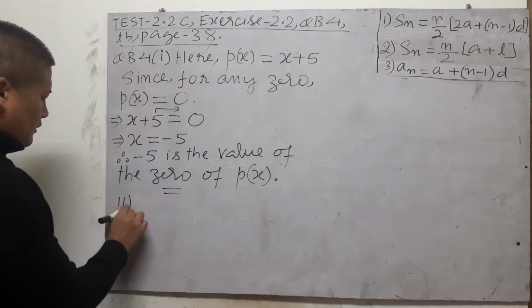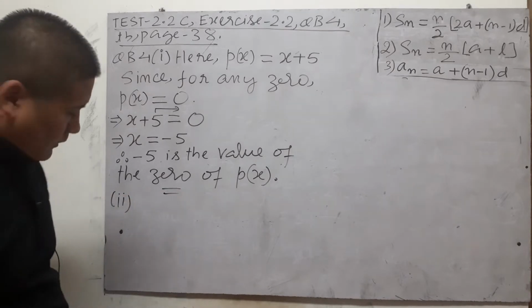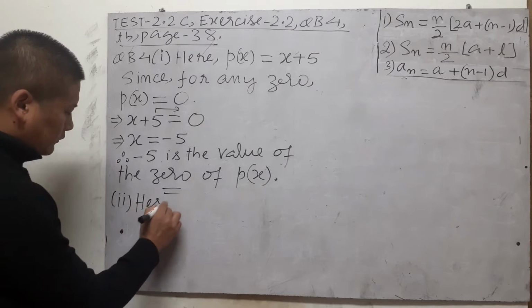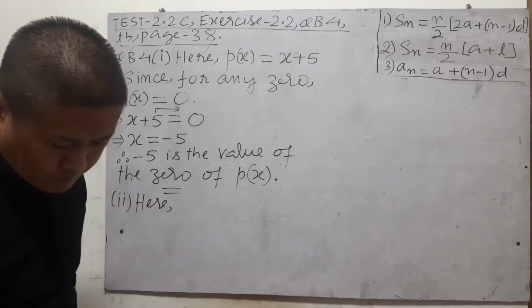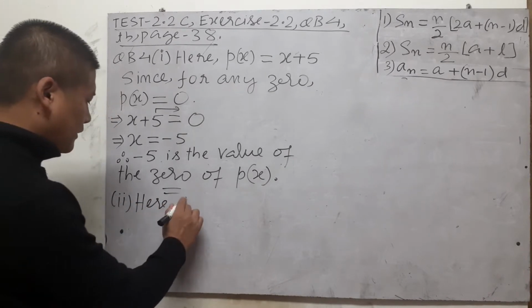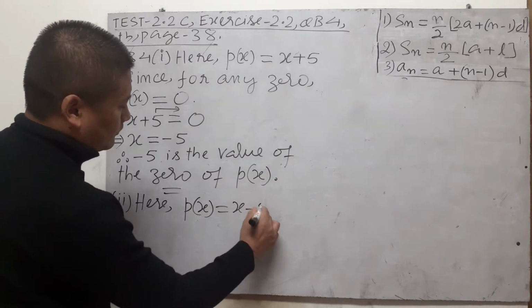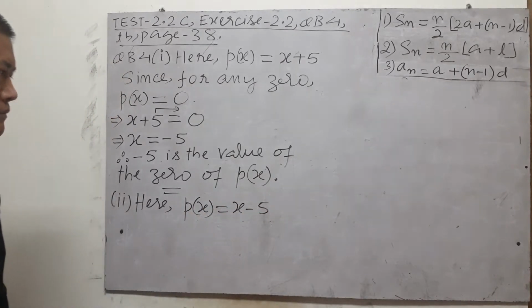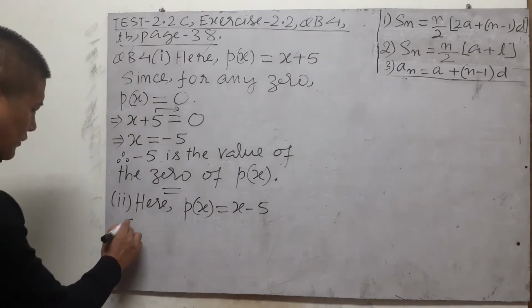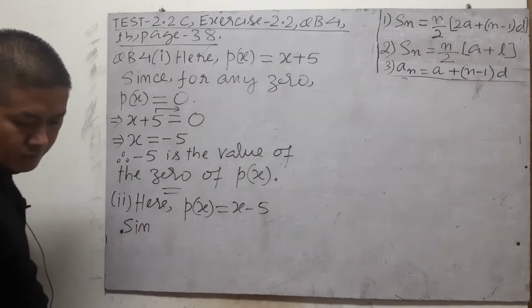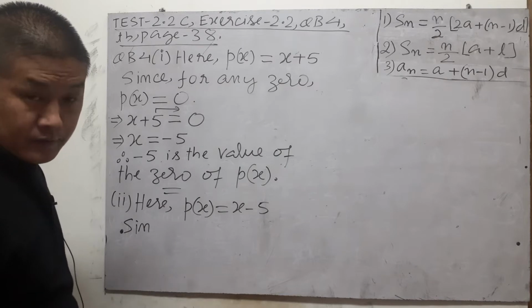Then let's go to number 2. Here given to you is p of x is x minus 5. So following the same procedure, we have to find the zero. The question clearly says find the zero of the polynomial.